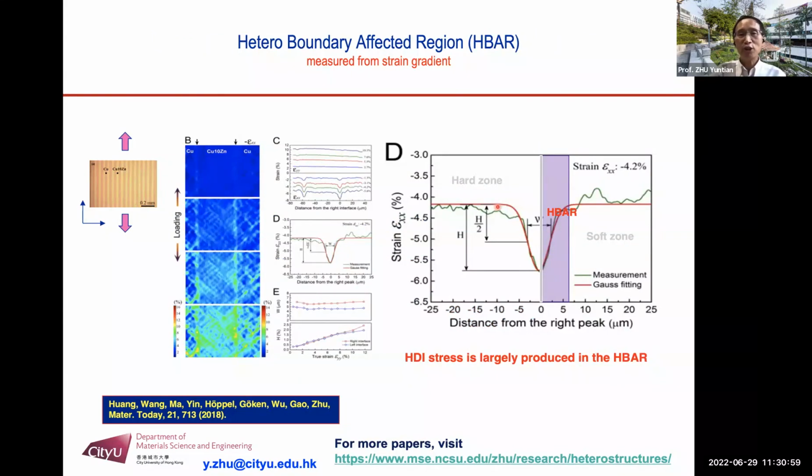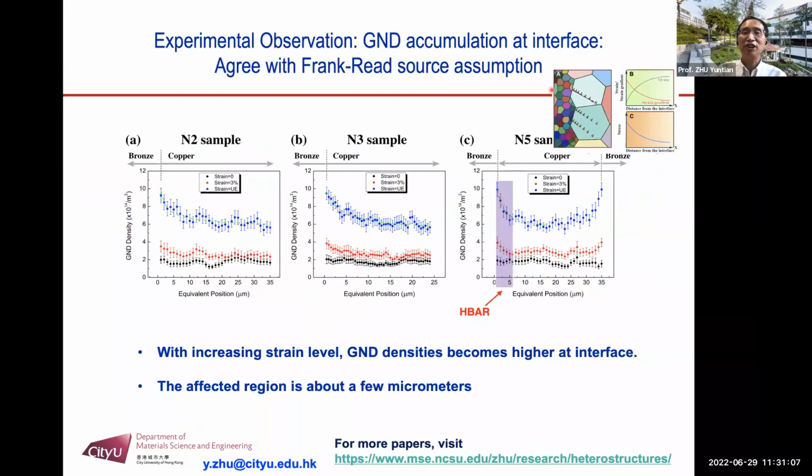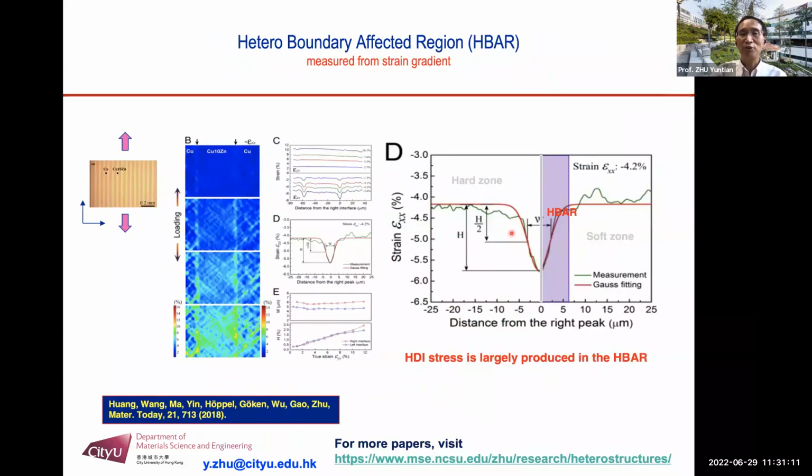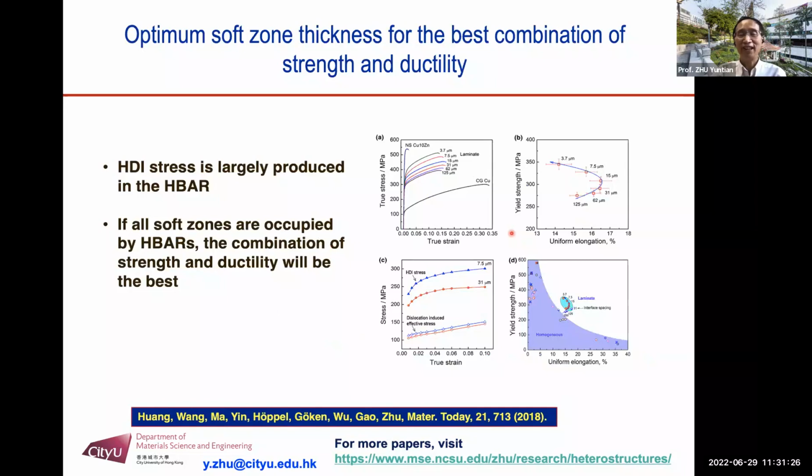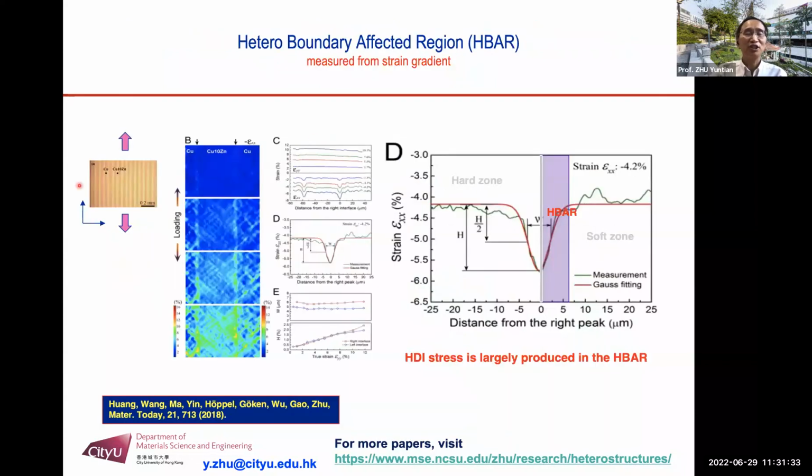So most of the HDR stress is produced due to the GND accumulation in the H bar. Which means you want the volume fraction of the H bar to be the highest, the higher the better, because that gives you the highest HDR stress. And that's indeed what happened in this sample.